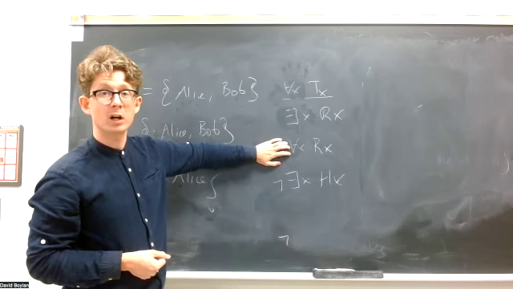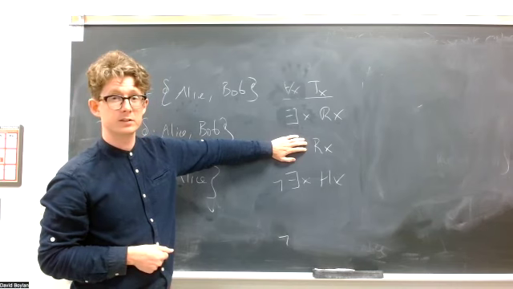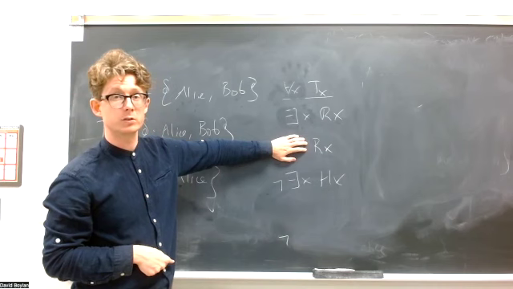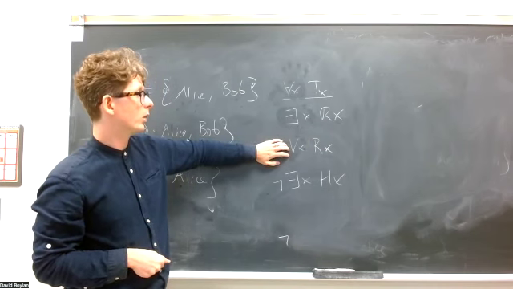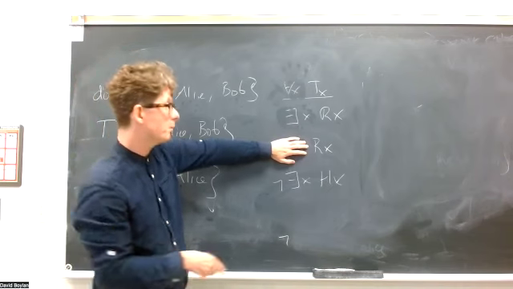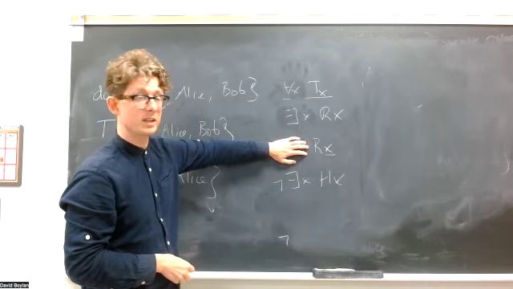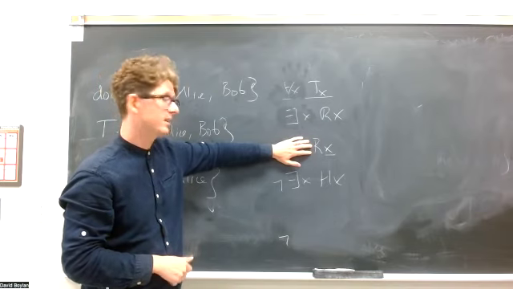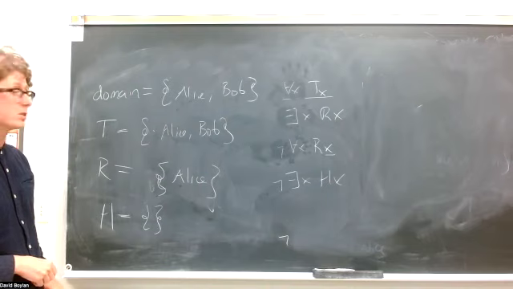So for all x, r of x says that everything satisfies this sentence, r of x. In other words, no matter who you let x stand for, r of x is a true sentence. That's what that says. So this sentence is false just in case there's some way of assigning x to somebody where the sentence would be false. There's some person we could pick to be x, where r of x would be false. And of course, that's true here.